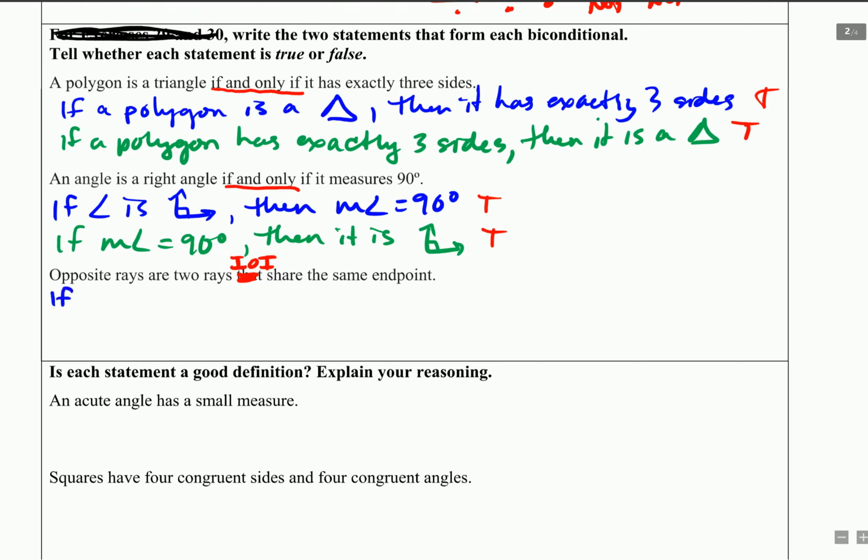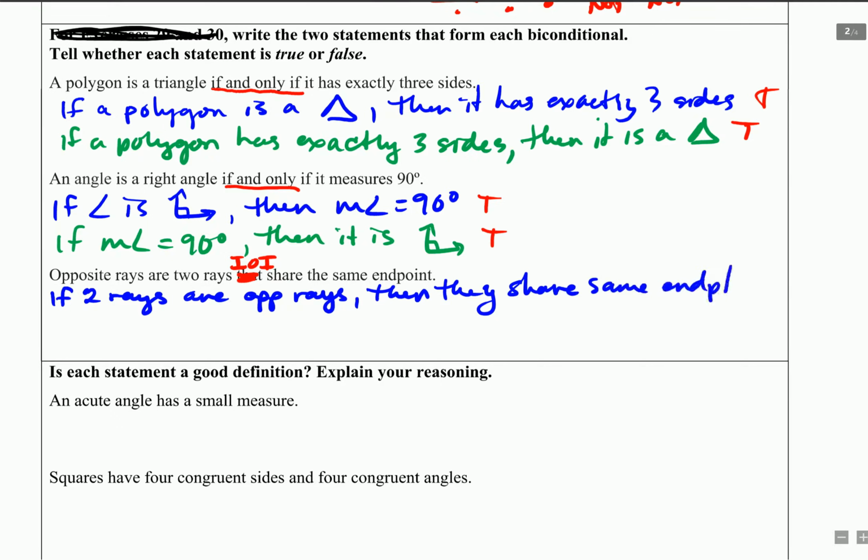So if two rays are opposite rays, then they share the same endpoint. Is that true? What do opposite rays look like? We know that opposite rays make a line and share an endpoint. So that statement is true.